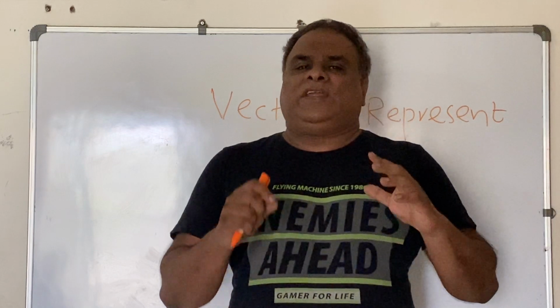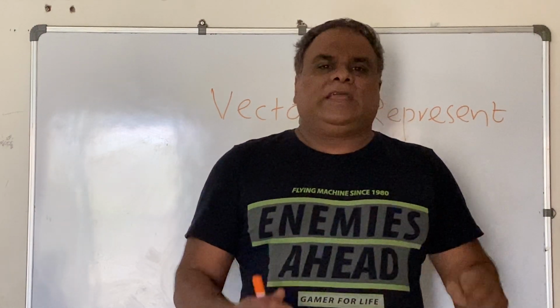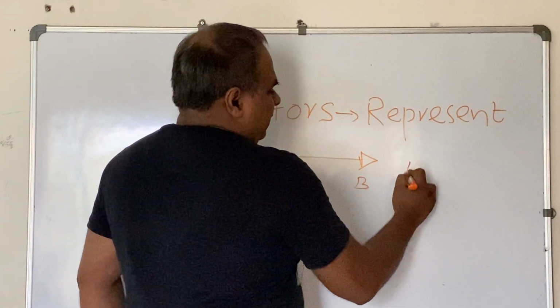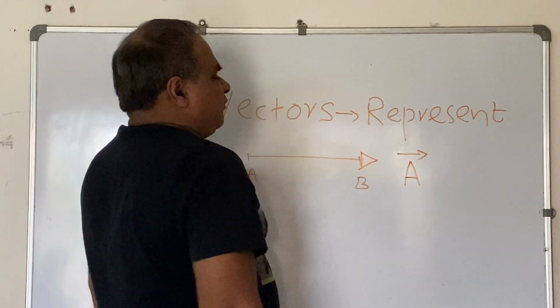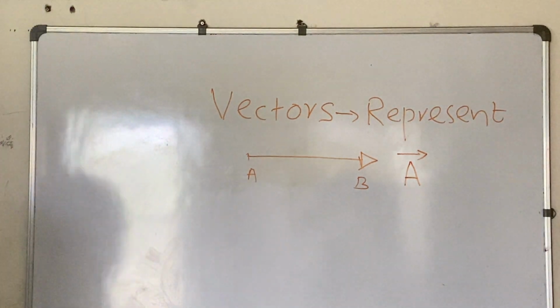Now, this is the vectorial representation. But when we write it in your book, how do you represent a vector? This is the way it is represented.